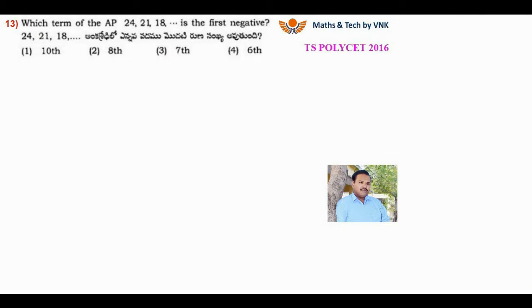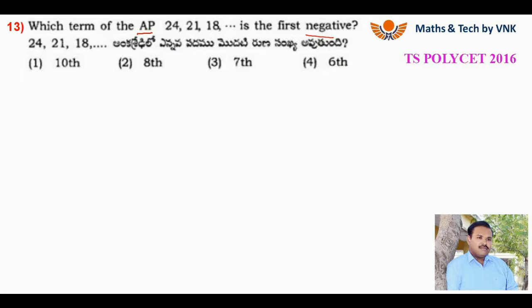Next question is, which term of the AP 24, 21, 18 and so on is the first negative? From the given arithmetic progression, the first term a is equal to 24 and the common difference d is equal to T2 minus T1. Second term T2 is 21, the first term T1 is 24. So the common difference d is equal to minus 3.